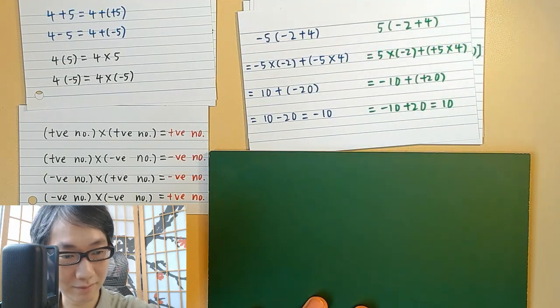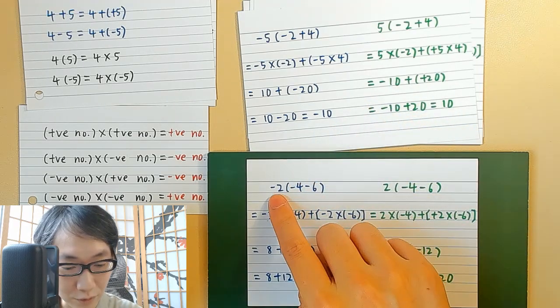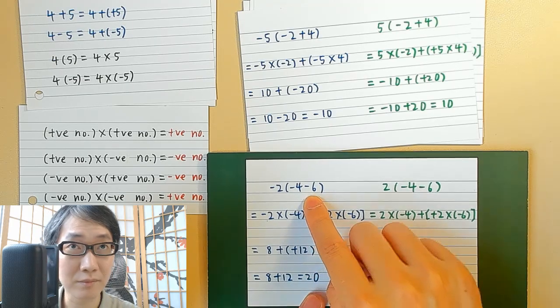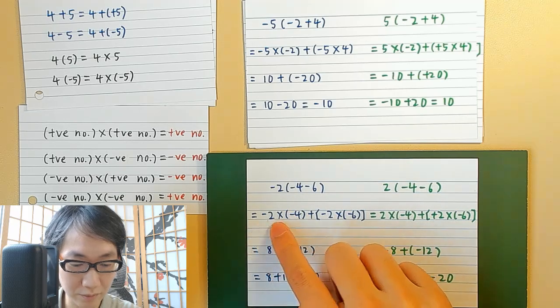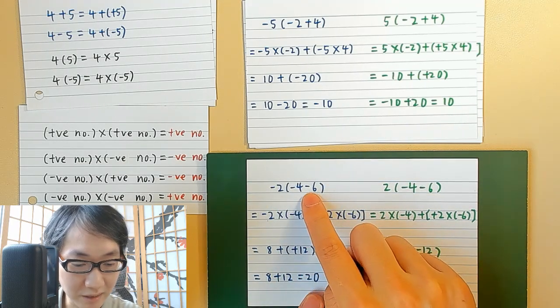Last one. Everything is negative. Negative 2 number of bags. In the bags, we have negative 4 and negative 6. First term will be negative 2 times negative 4, and second term, negative 2 times negative 6.